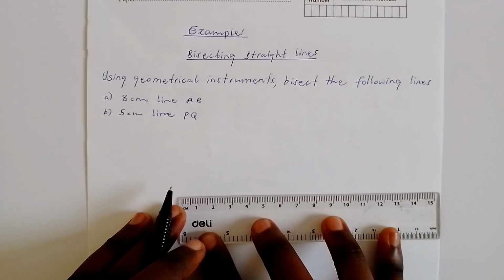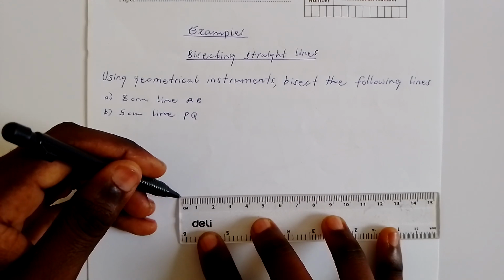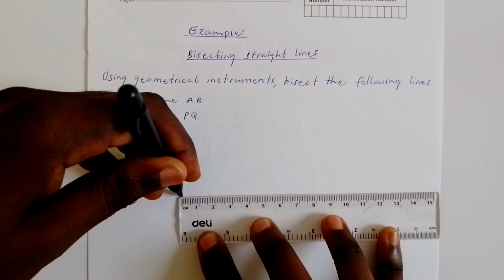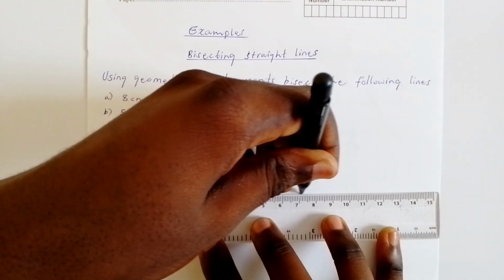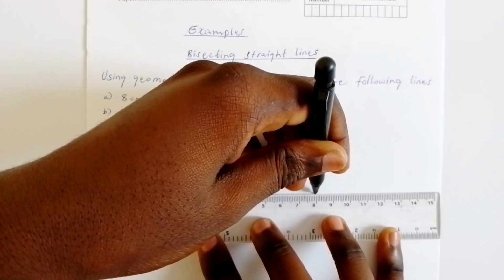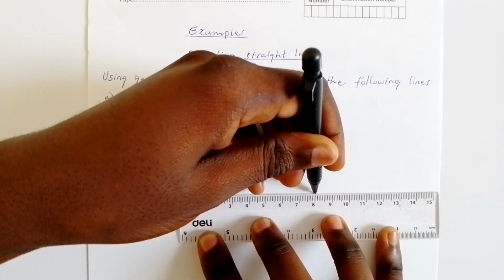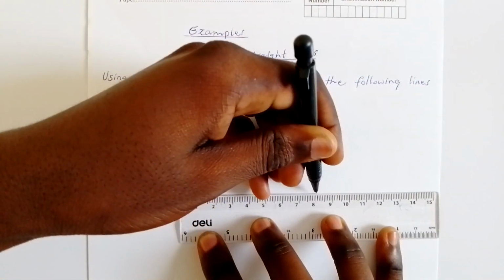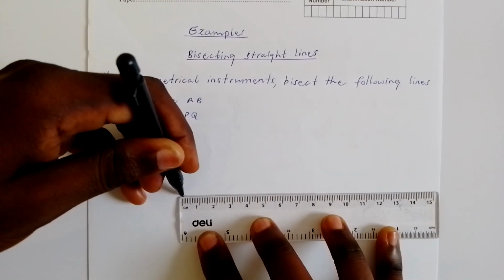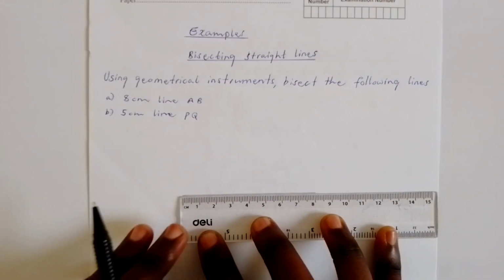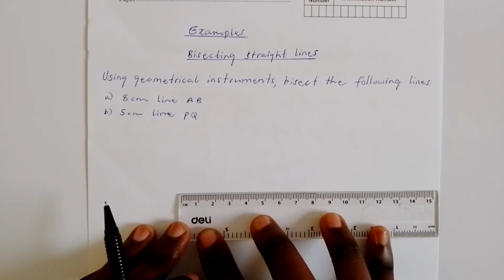Okay, allow me to do it from here. So this is my pencil. It's not a ball pen. It's a pencil. Okay, 8 centimeters. As you can see, that is the 8th centimeter there.